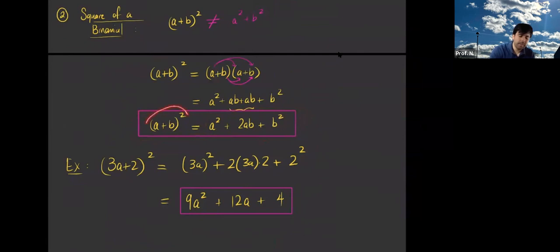So here you have a plus b. When you square it, the result is a squared plus 2ab plus b squared. Now I'm giving you a specific example, 3a plus 2, and I'm squaring it.